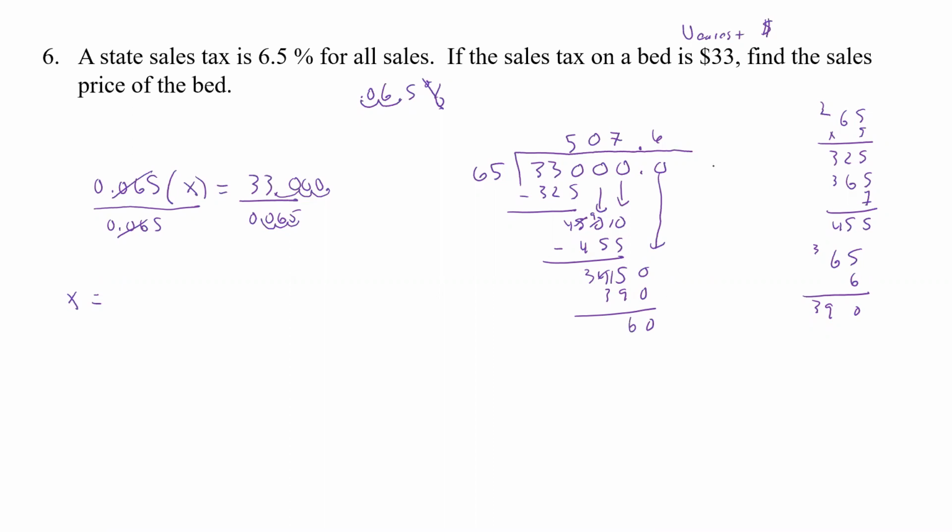That's 60, so that looks good. So to the nearest dollar, that means we're going to round that one up because 0.6 is greater than 0.5. So this is going to be equal to $508. That's how much the bed cost, to the nearest whole dollar.